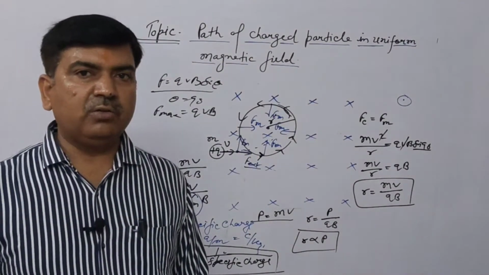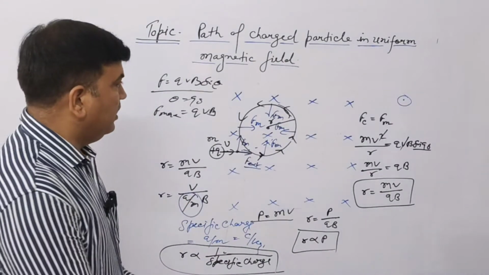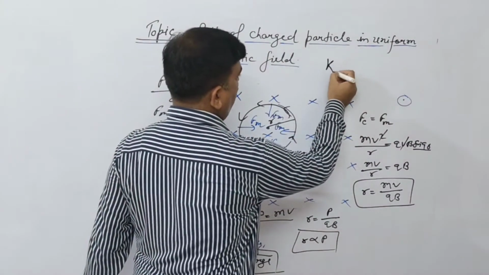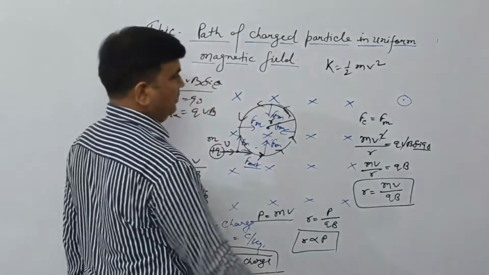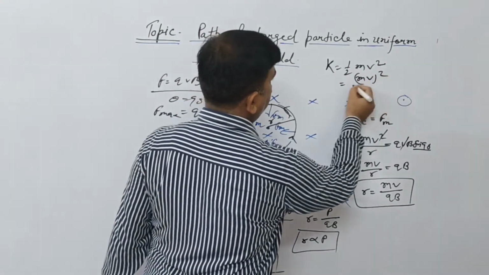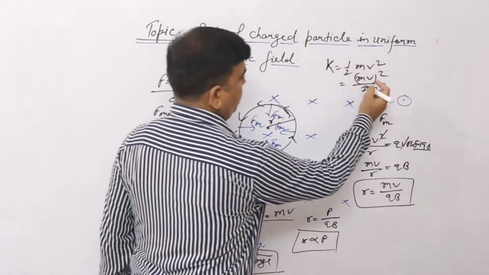And now we have to find out the relation between the radius of circular path and the kinetic energy. Everyone knows the kinetic energy formula K equal to half mv square. Now in this equation, we multiply by m and divide by m, it is m²v² by 2m. And what is the value of mv according to this relation?